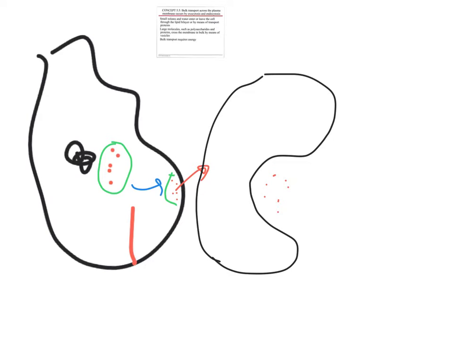When they collide, one oil droplet joins the other oil droplet, because due to the hydrophobic nature of it, it spits the water out. That's a similar thing that's happening here. The phospholipid bilayer of the vesicle is going to fuse with the phospholipid bilayer of the plasma membrane, and therefore the contents of that vesicle will be released out of the cell.